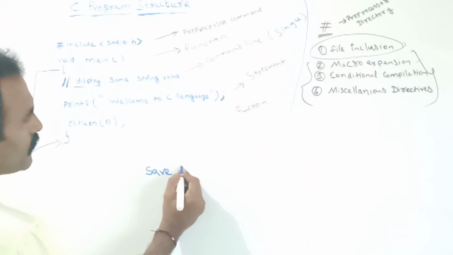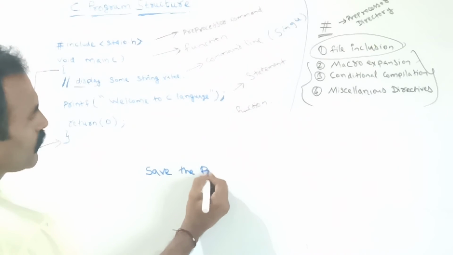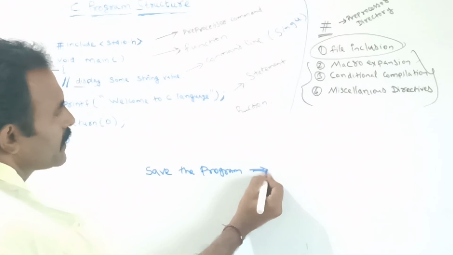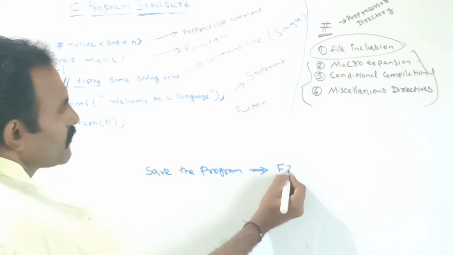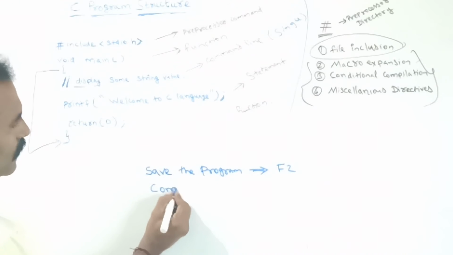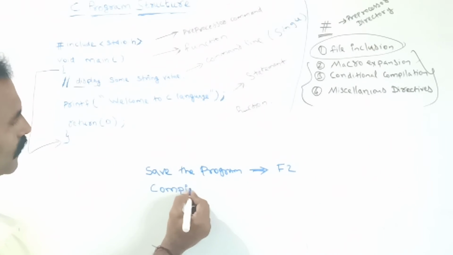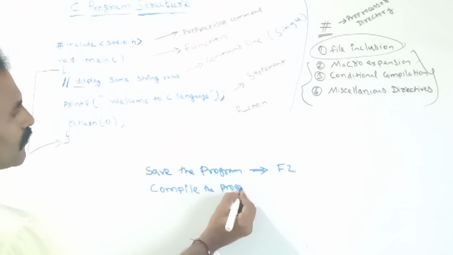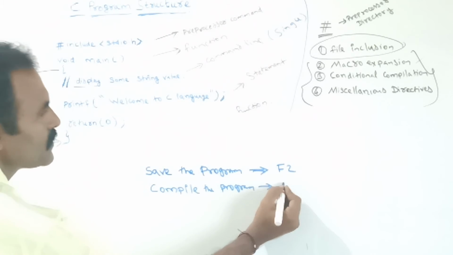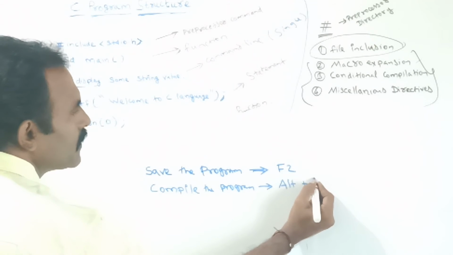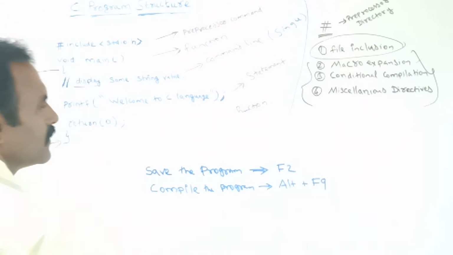Save the program, we can use the shortcut key F2. Compile the program, we can use Alt key plus F9.